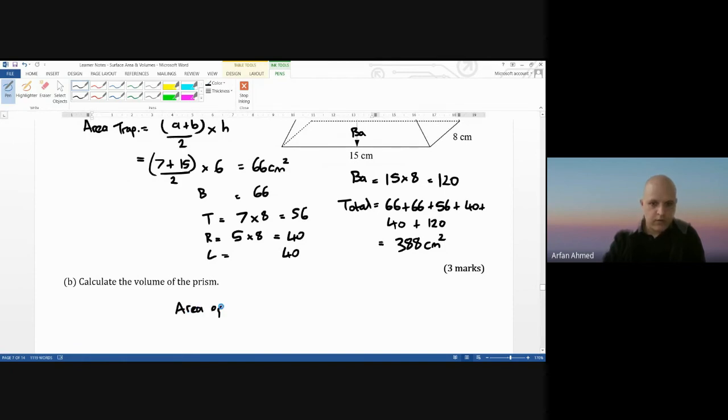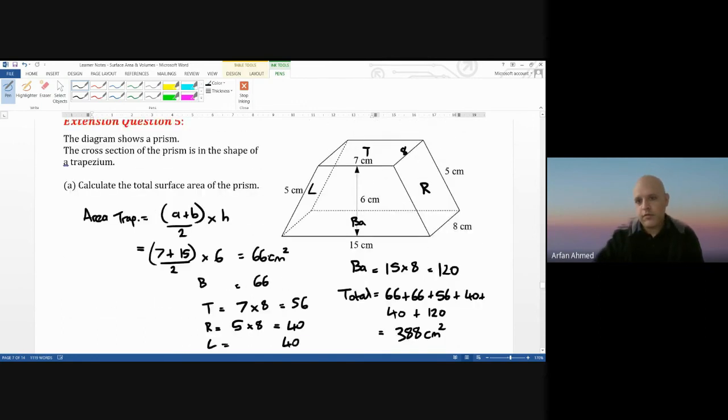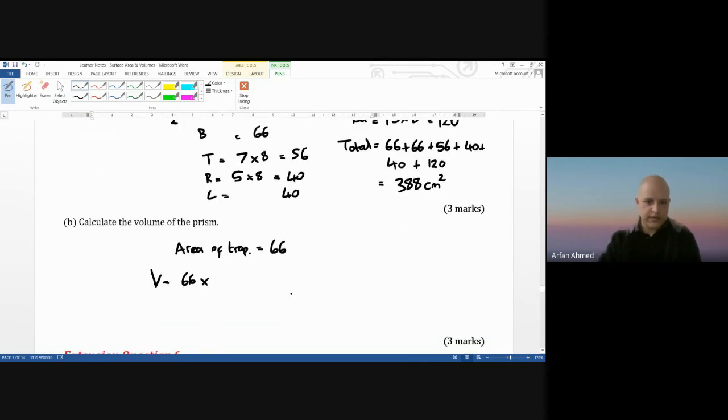You can work it out again if you want. Technically, you don't have to because it's part B. 66. And so the volume is going to be 66 times the length of the shape. So basically how deep it is. It's from there to there, which is the same as that, which is 8. So it's going to be 66 times 8.